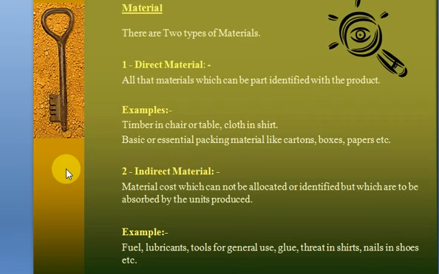I will take the example of your notebook. In a notebook, direct material is the paper and indirect material is the gum which is used to hold all the pages together.